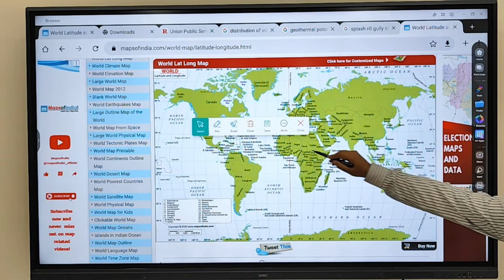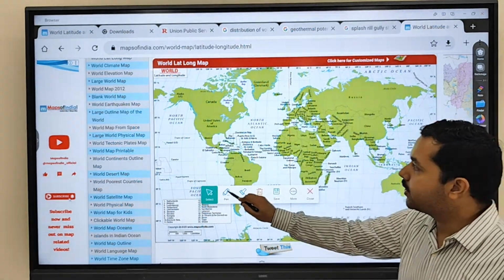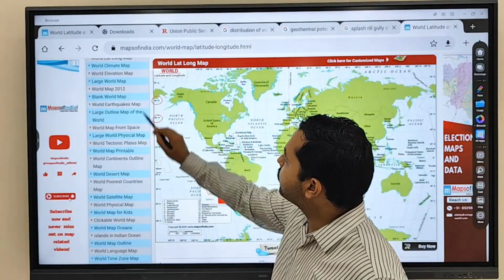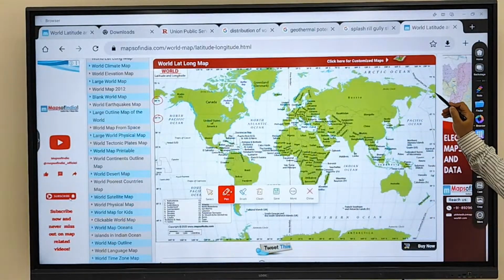You can see this region is written as 45 degree north, and this is 60 degree north. You can see this is written as 60 degree north. Clear?